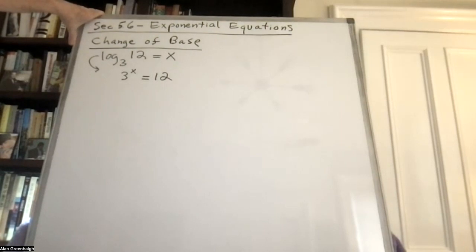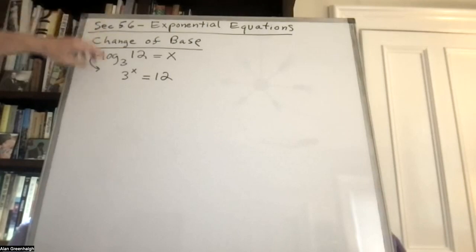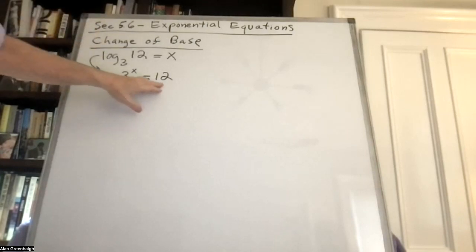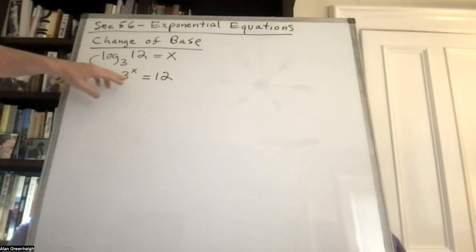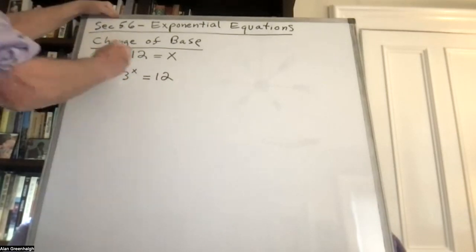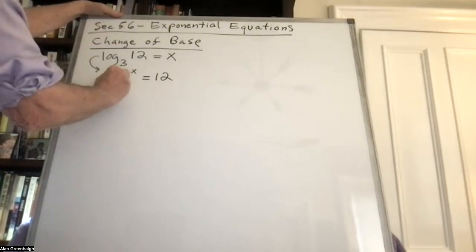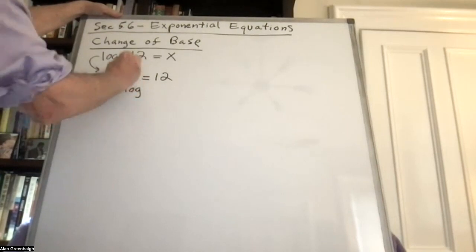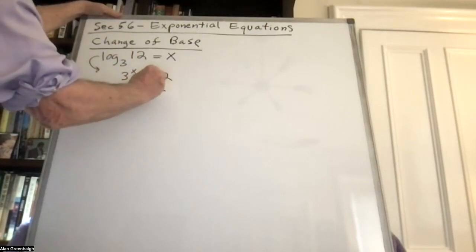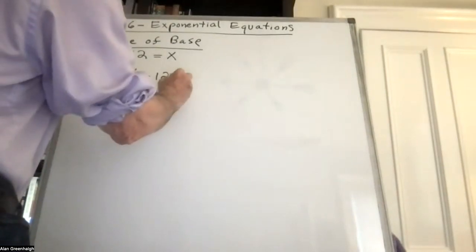Now, the problem with that is that this really cannot be solved in the way that we used to, because what you need to do is write this as x times the log of 3 is equal to the log of 12.